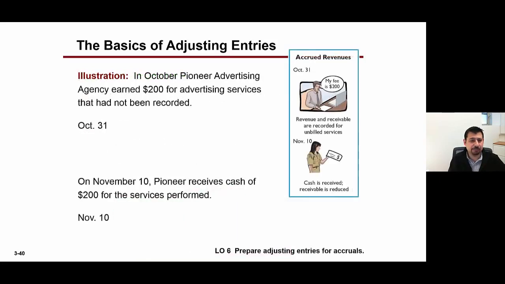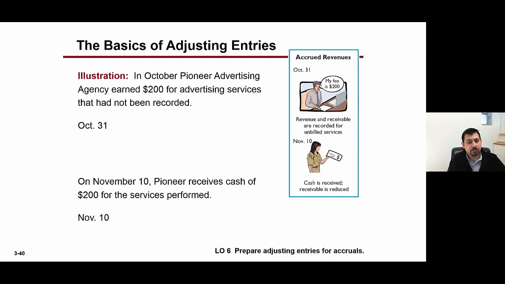Let's take this example. In October, Pioneer Advertising Agency earned $200 for advertising services that had not been recorded. They provided the service, but they did not record it. So at the end of the month, because they earned it, they have to recognize it. Remember that under the accrual basis, companies must recognize the revenues when they are earned. Because they provided the services, they earned those $200.